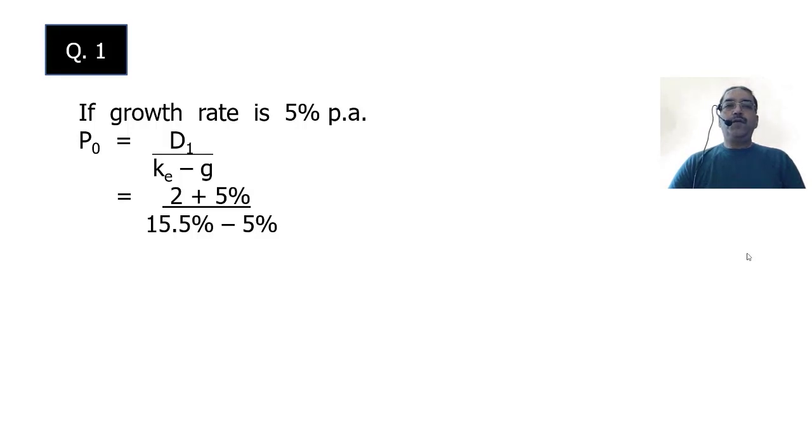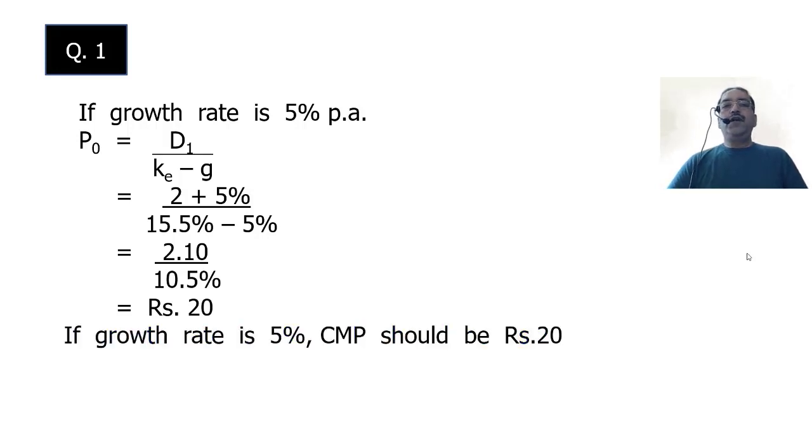Okay, so 2 plus 5% will be 2.1 divided by 15.5 minus 5, that is 10.5%. 2.10 divided by 10.5%, we'll get the answer as 20 rupees. So I can say that if the growth rate is 5%, the current market price should be 20 rupees. Okay. Simple part. I told you there are three parts to this. So this is the first part.